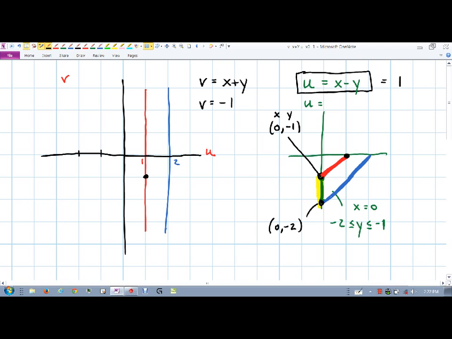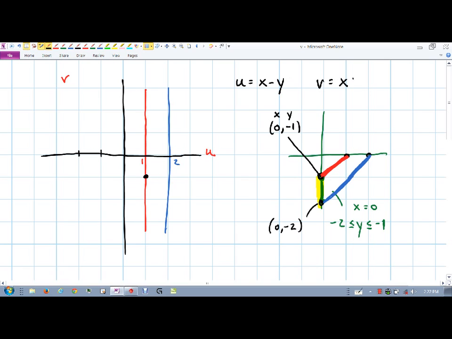All right. I think I've lost everyone pretty much. Let me write down the 2 equations for U and V. What screwed everything up was the lines were on the other side. U is equal to x minus y, right? V is equal to x plus y. Let's find out where these 4 corners go.